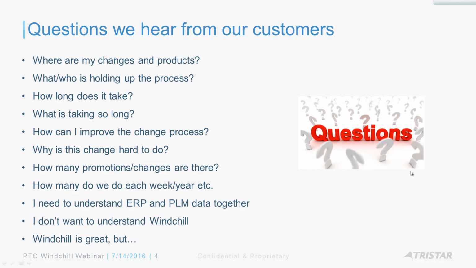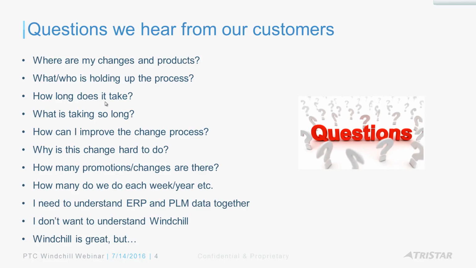So, these TriStar apps, what are these? Let me first convey what we hear from some of our customers. Users in product development need to quickly see where their products are, in which state, what's happening to the designs, and where the associated changes are.